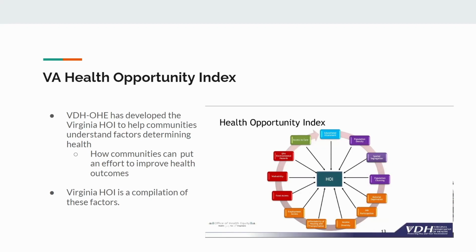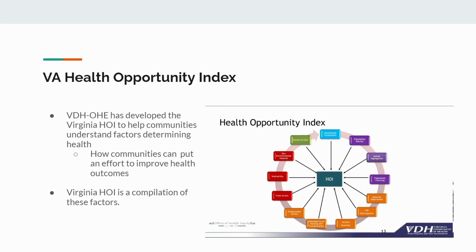The Virginia Department of Health Office of Health Equity has developed the Virginia Health Opportunity Index to help communities understand factors that contribute to people's health. This index gives insight into how communities can put in a conscious effort to improve health outcomes for their residents.